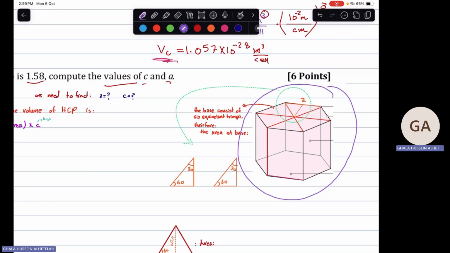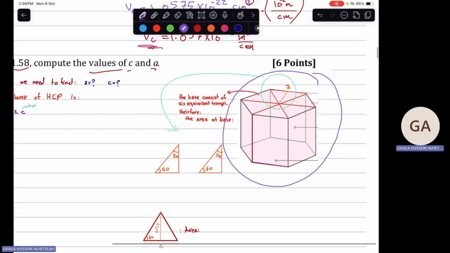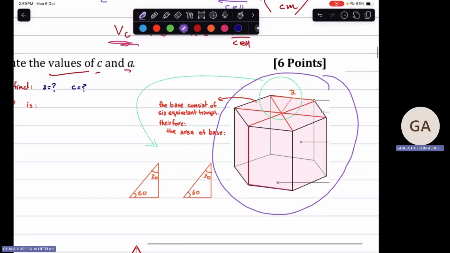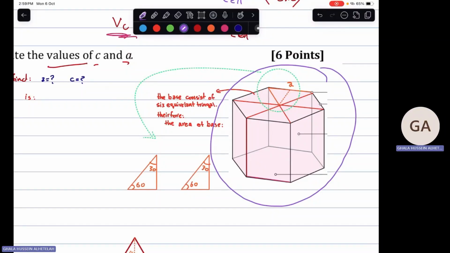Basically, it is not just like a sphere, where we have a specific equation for the volume that we memorize. So we are going to try to find a law for the volume.